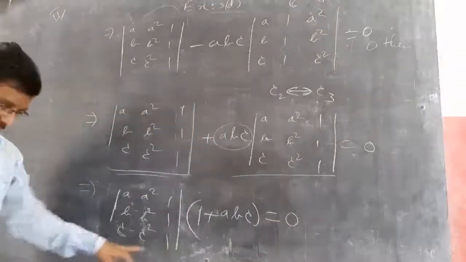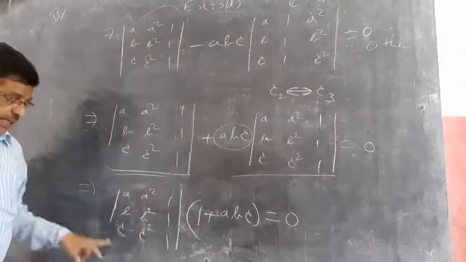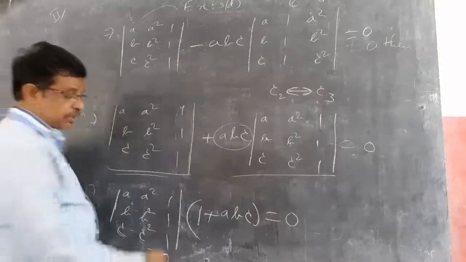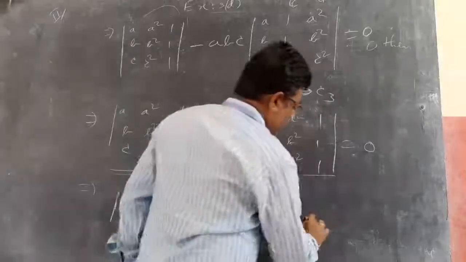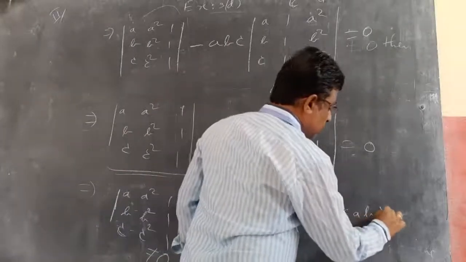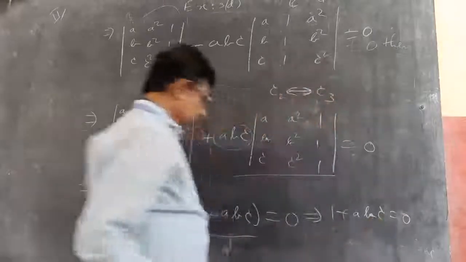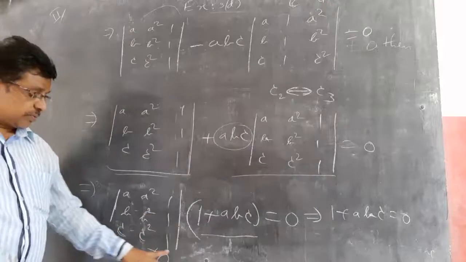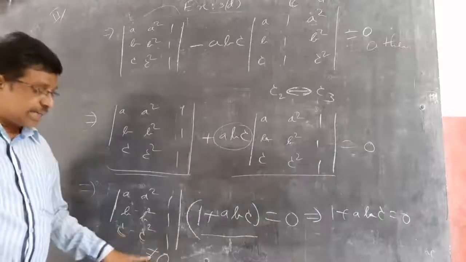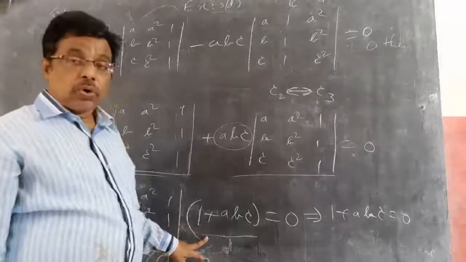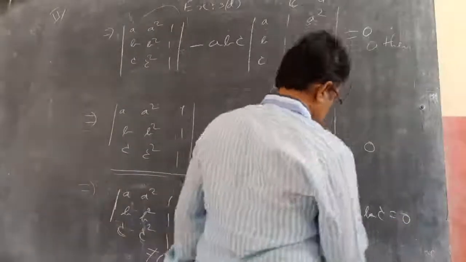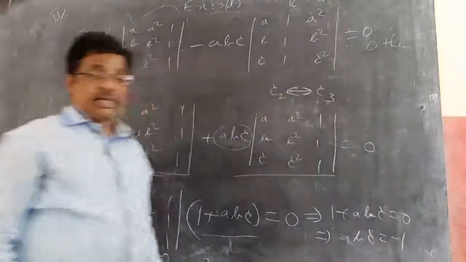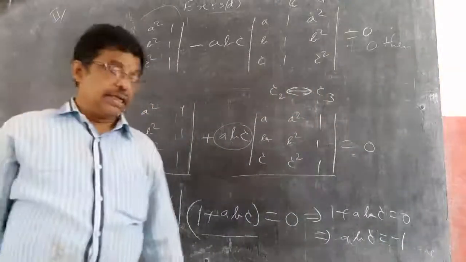Since this determinant is not equal to 0, as he is giving in the sum itself, this part must be 0. This implies 1 plus abc equal to 0, so abc equal to minus 1, as 1 goes to the other side.